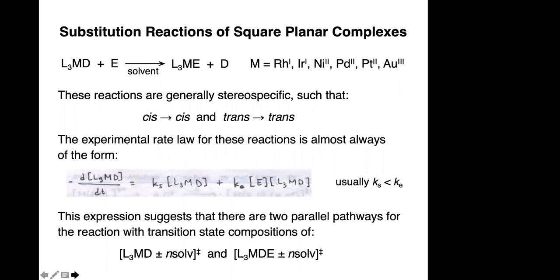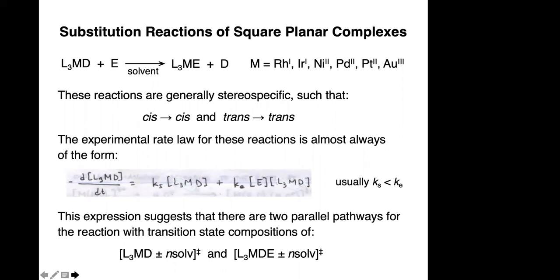So this expression suggests that there are two parallel pathways for the reaction, and in addition, the concentration dependence of those two terms will indicate the transition state compositions for the two different pathways.